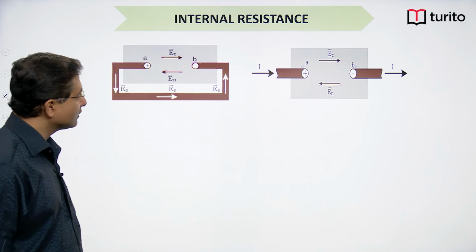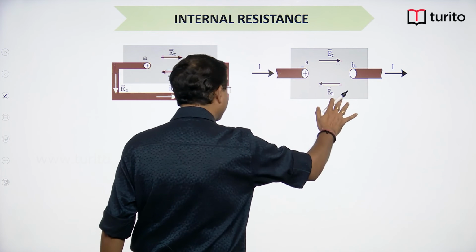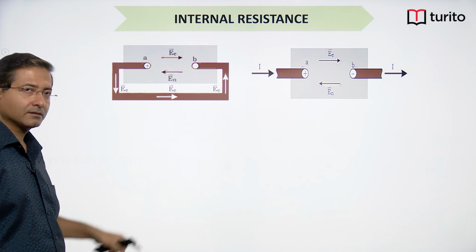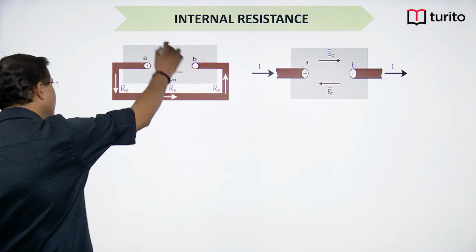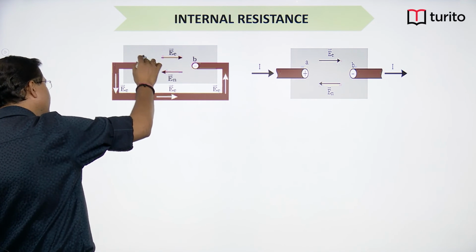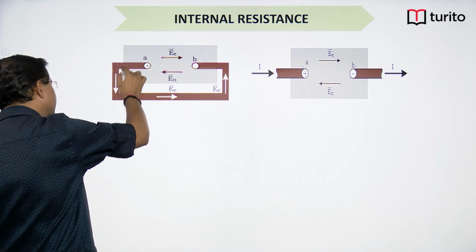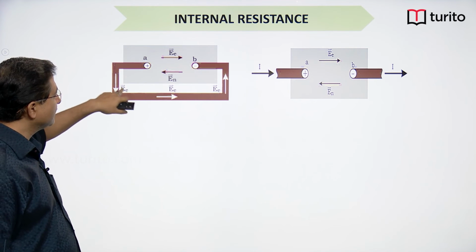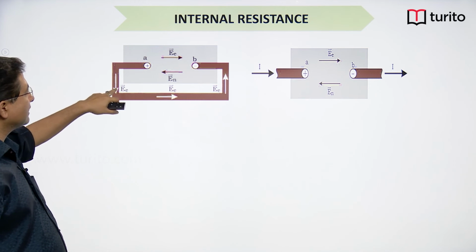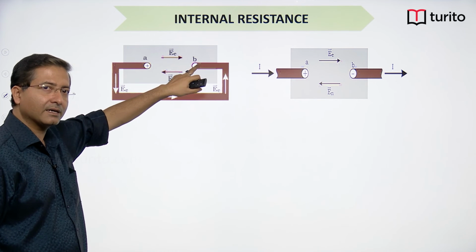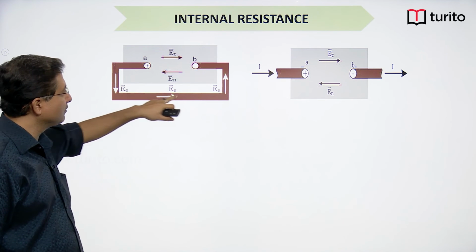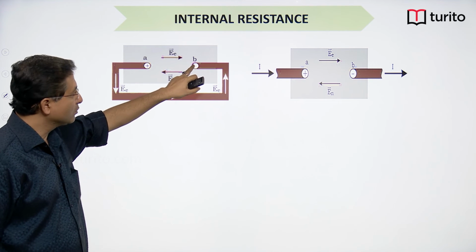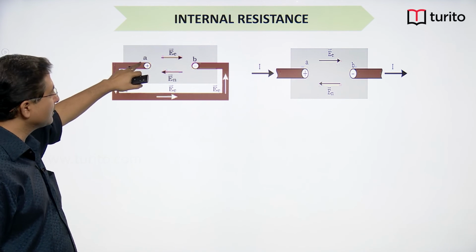Now let us look at this one. When I connect something across the cell, so this represents the cell, and when we connect the cell to something, then current starts flowing because the two terminals are maintaining a potential difference. Inside that conductor there will be an electric field, conservative in nature, and that electric field will force charged particles to go. So electrons will be moving opposite to the field, this way.